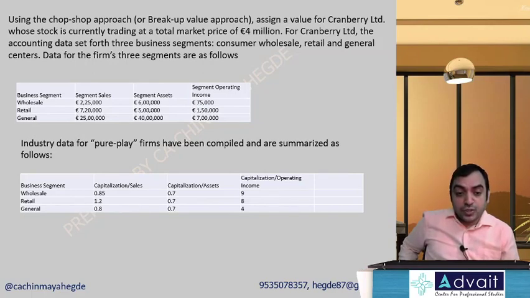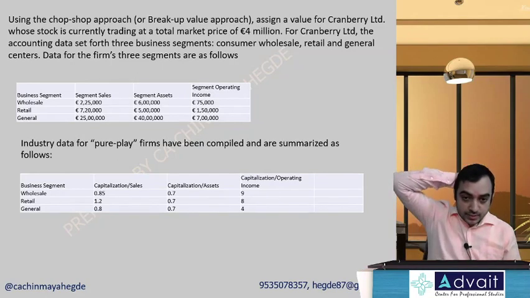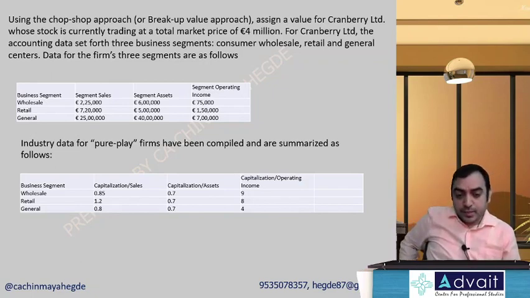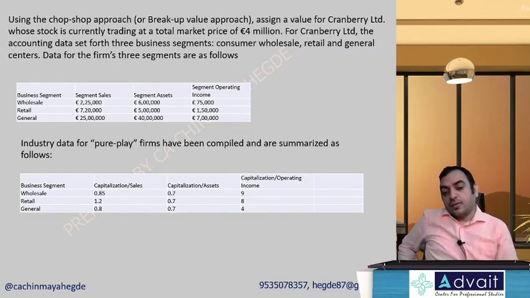The data for the firm's three segments are as follows: segment sales, segment assets, segment operating income, and the capitalization to sales, capitalization to assets and capitalization to operating income ratios.